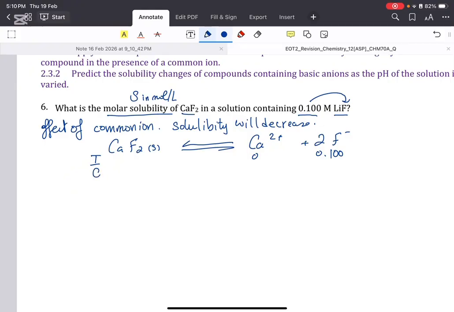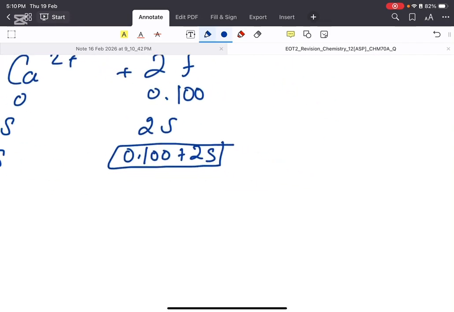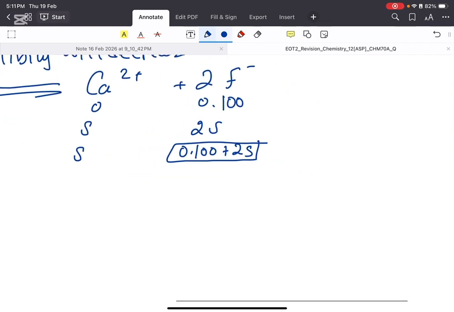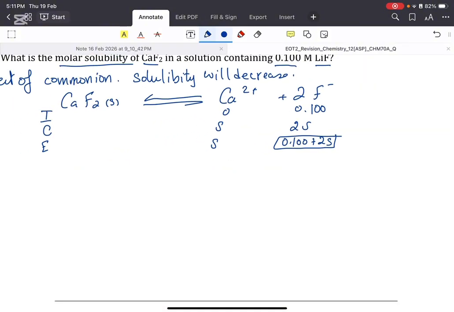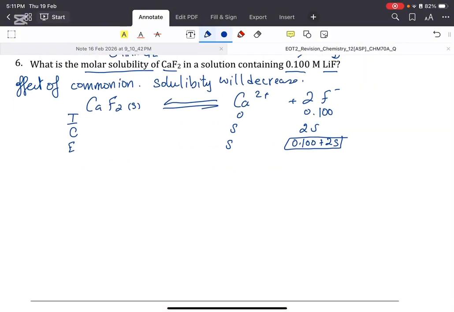Now, when there's a change, I'm going to get S, and here 2S. So at equilibrium, it's going to be S, and here it's going to be the value plus 2S. Now here, S is very small compared to 0.100.